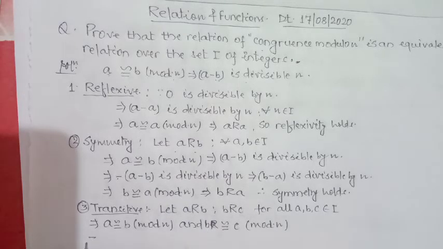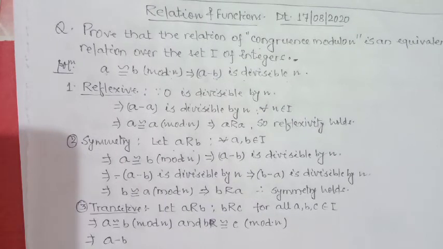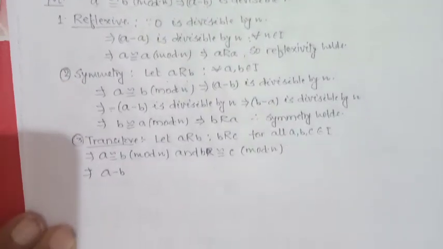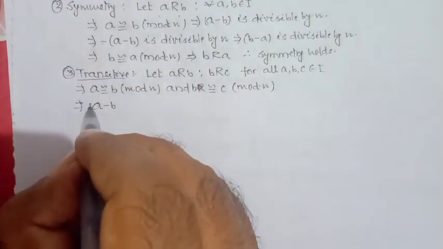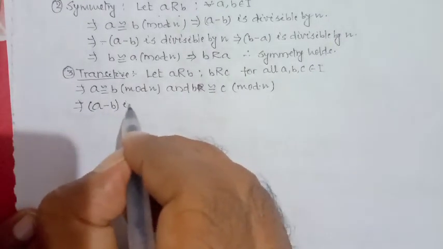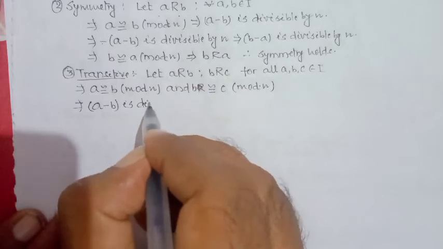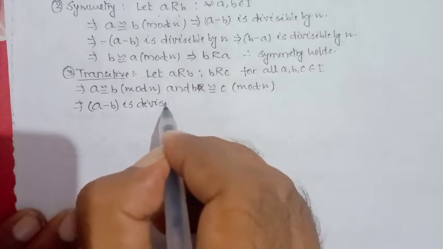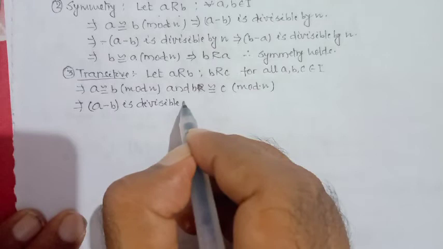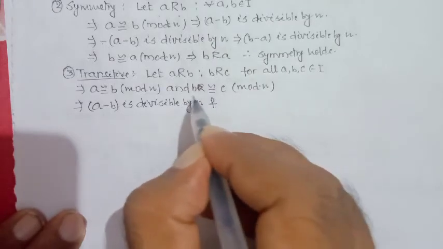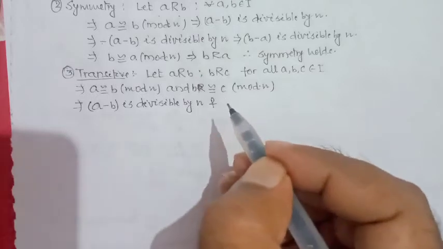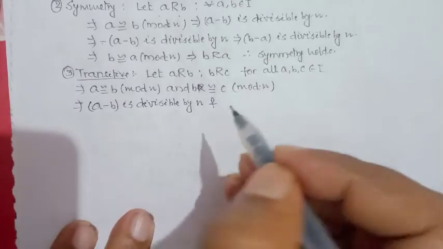So a congruence b mod n means a minus b is divisible by n, and b minus c is also divisible by n.